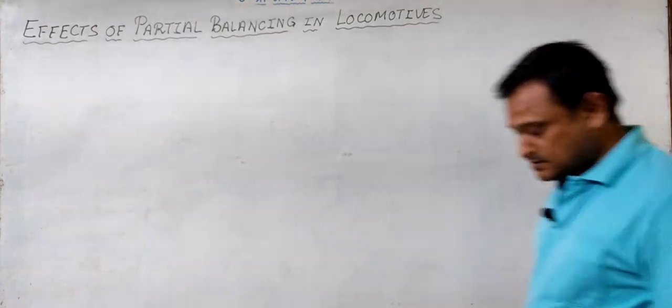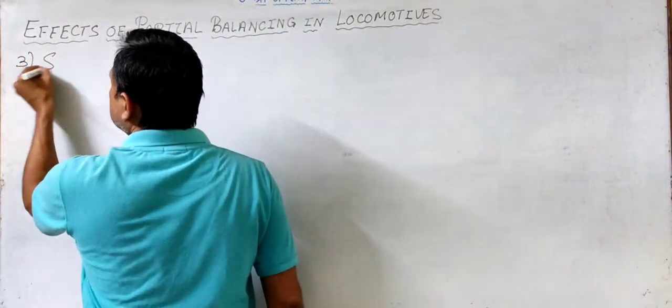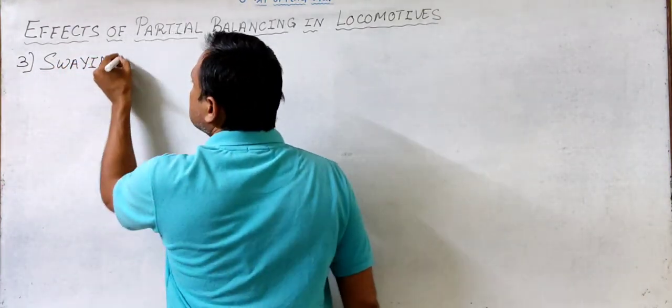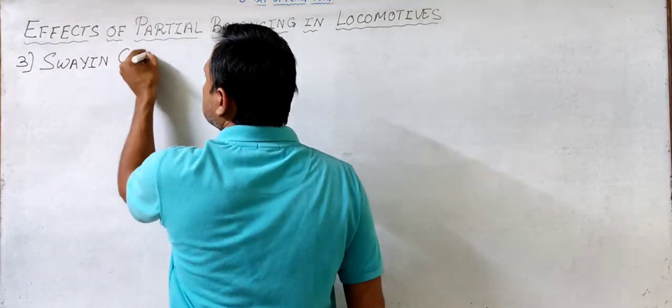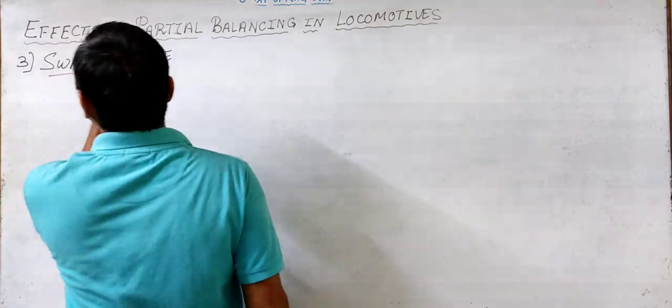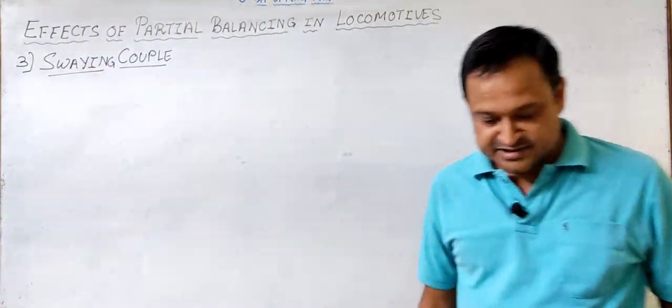So now let us talk about the third effect, which is called the swaying couple, again due to the partial balancing effect.